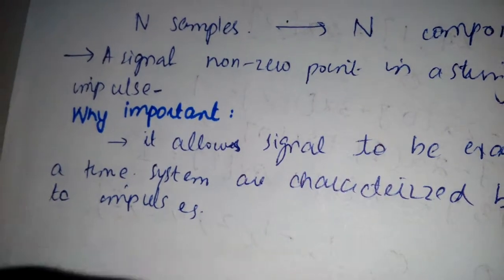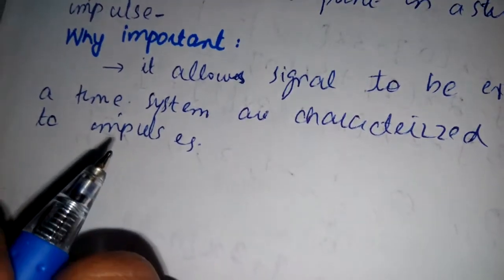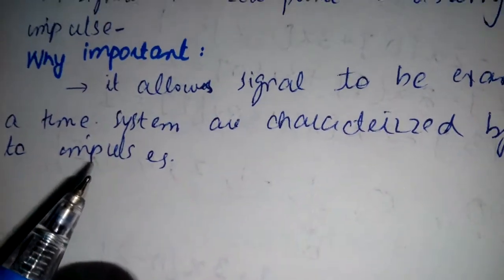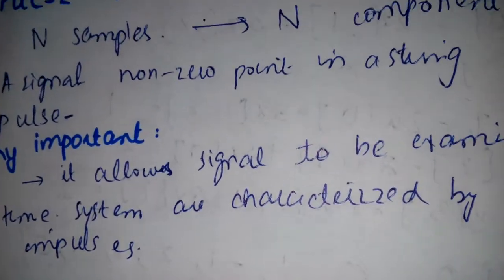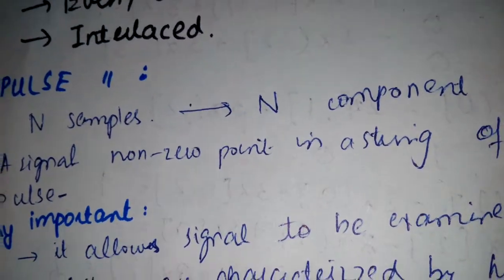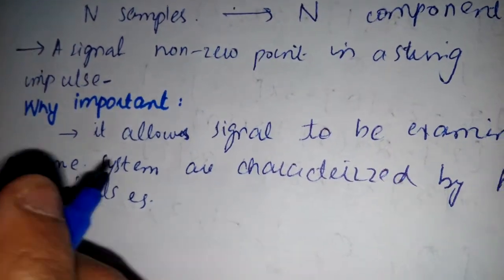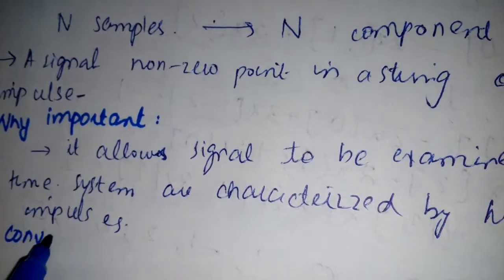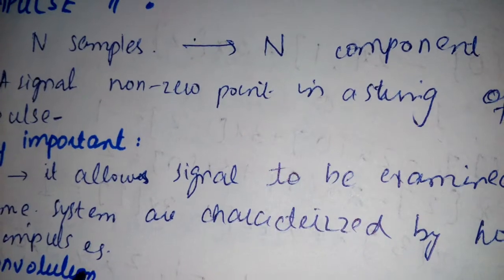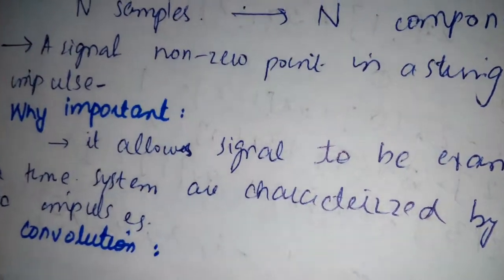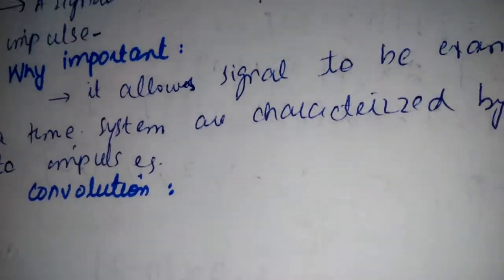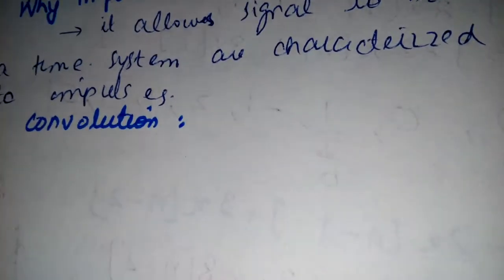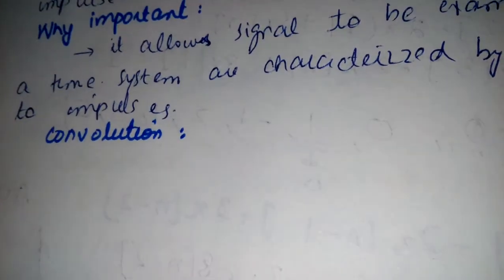By knowing how the system responds to an impulse, the system's output can be calculated for any given input. This is called convolution. Convolution is actually multiplication of the impulse by its shifted version.